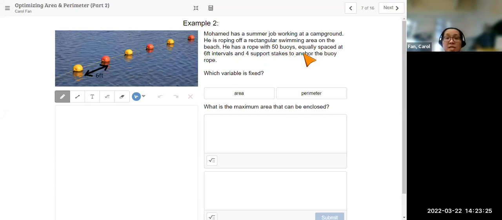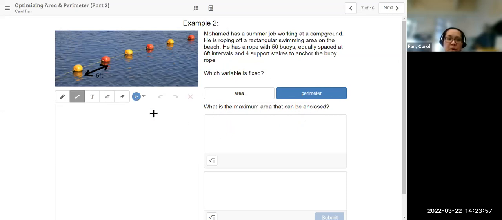Okay, so let's start solving our problem. Which area is fixed? Well, I haven't talked about area, but it's told me that I've got my 1 dimension of rope. The rope is 50 buoys long, or 50 times 6 feet. So I know that that gives us perimeter.